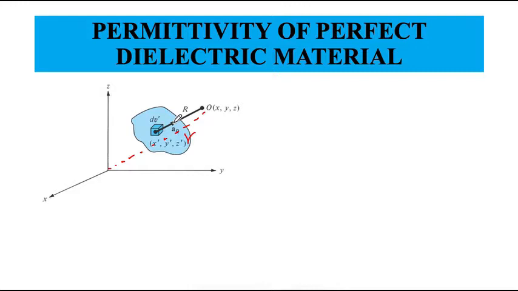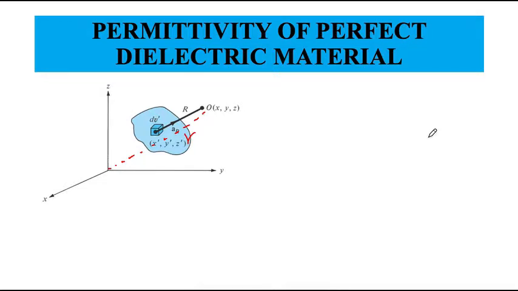So let us assume that we have a small volume inside the dielectric that we are looking at, and this volume has a differential volume dV', and it is kept at a certain position inside the dielectric material.